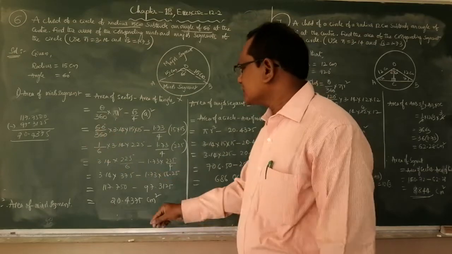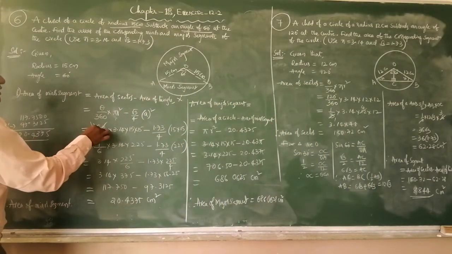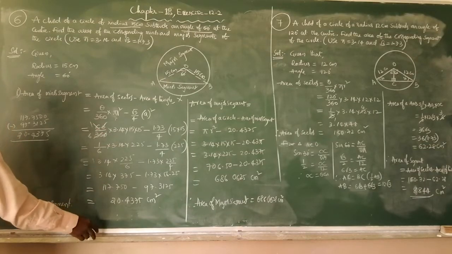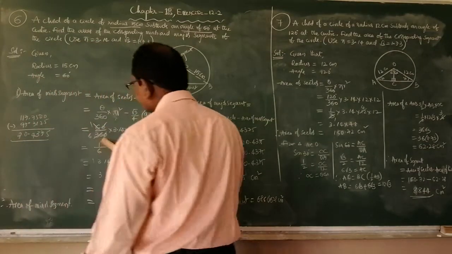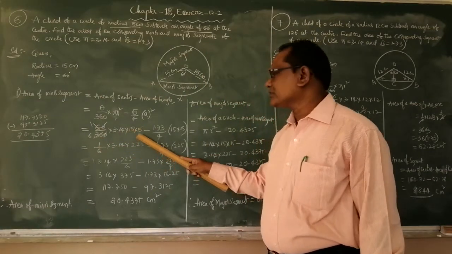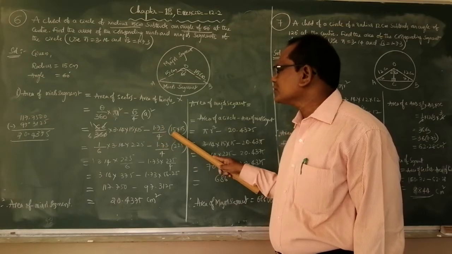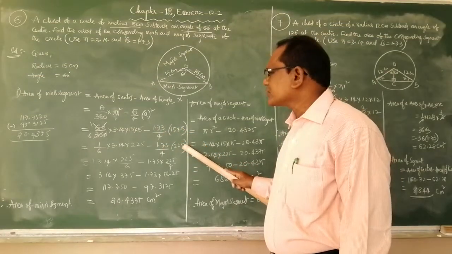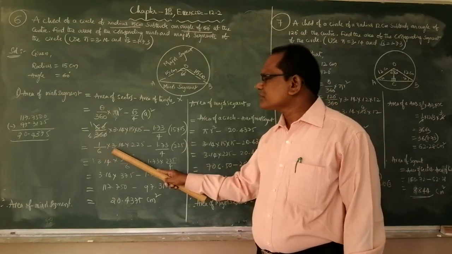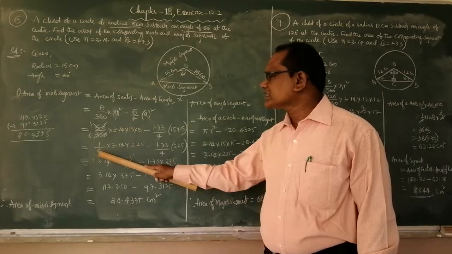Children, here we cancel the zeros: 60 by 360 gives 1 by 6. So first you write 3.14 into 225 by 6.